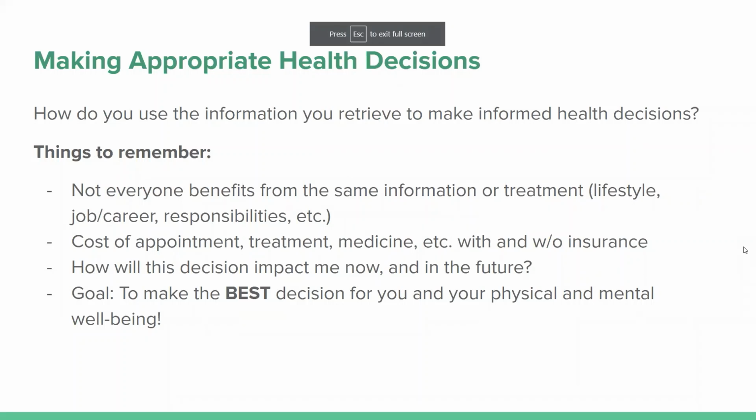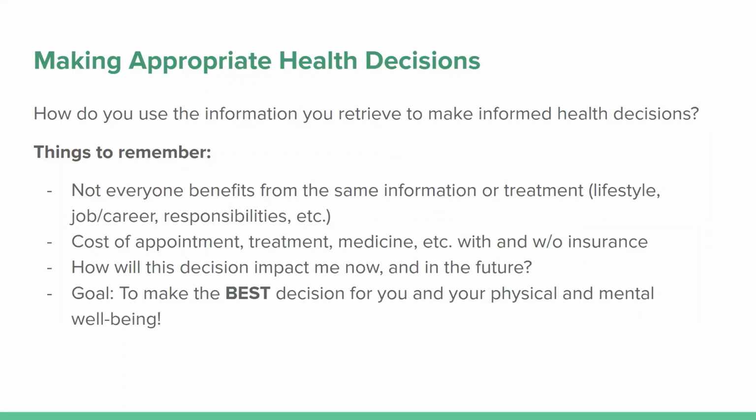But we're going to move on to the last part of the health information literacy definition here, where you're making appropriate health decisions that are best for you. And so, how do you use this information that you're getting to make informed health decisions? Some things to remember are that not everyone benefits from the same information or treatment.